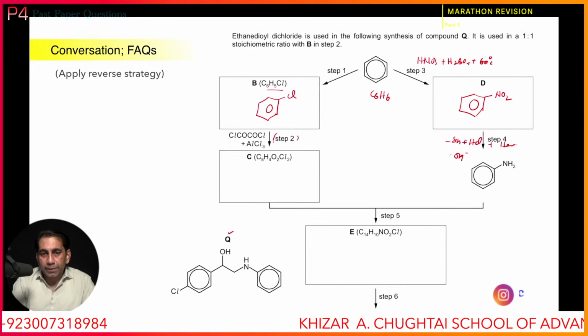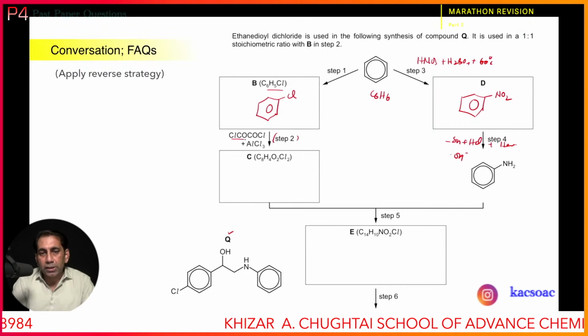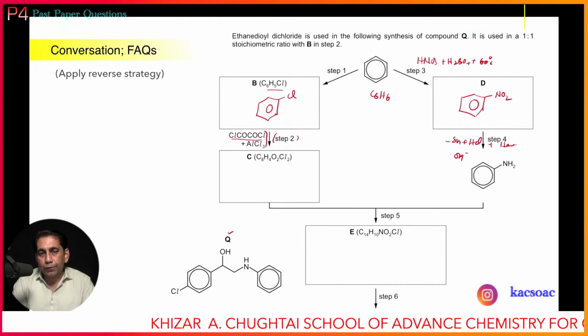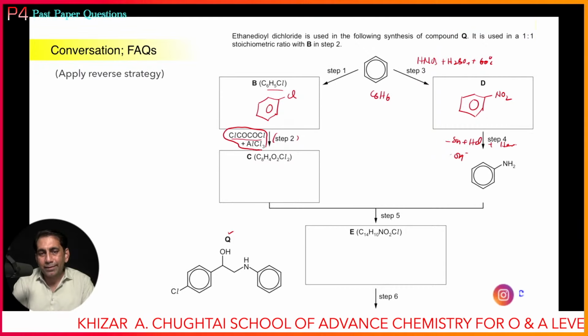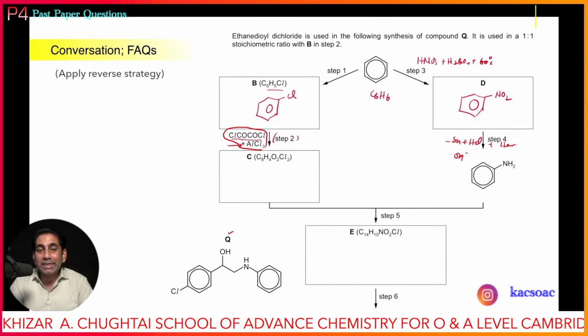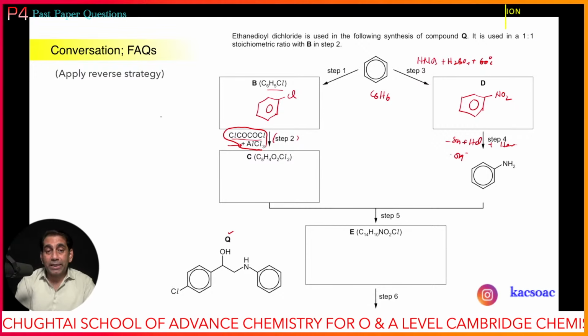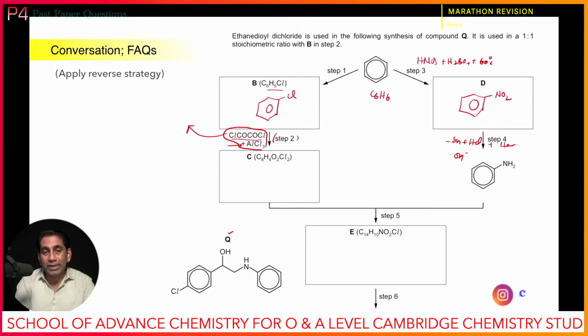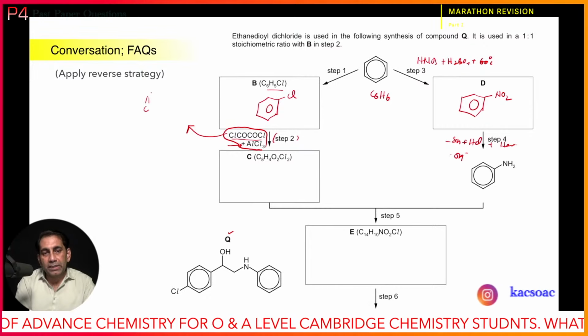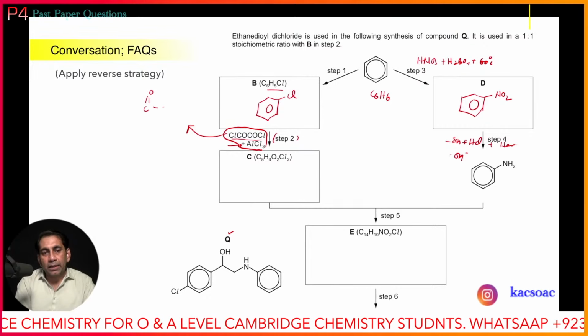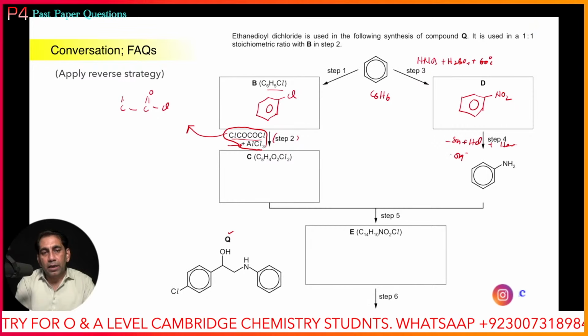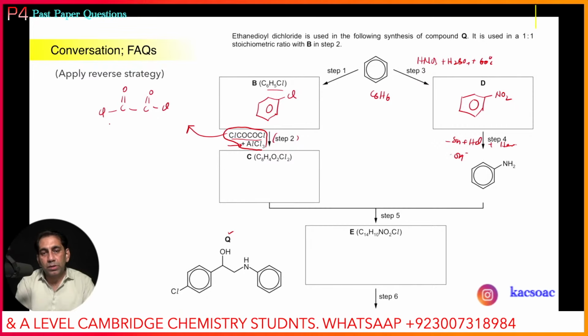What is step 2? In step 2, we are supposed to react this molecule with the benzene ring, but first of all, we are going to mix it with AlCl3. What is the function of AlCl3? I'm going to write this molecule once again over here. This is C double bond O and Cl, again C double bond O, Cl, if I'm not wrong.